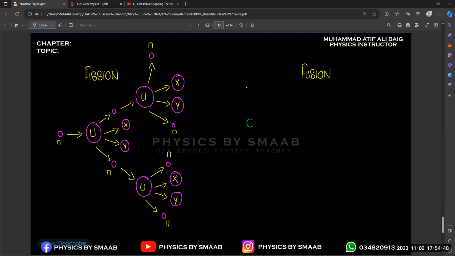So let's suppose this is the first isotope and this is the second isotope. This is positive and this is also positive, right? So you can see deuterium 2 and, sorry, tritium 3. These are the isotopes of hydrogen. So this is deuterium.